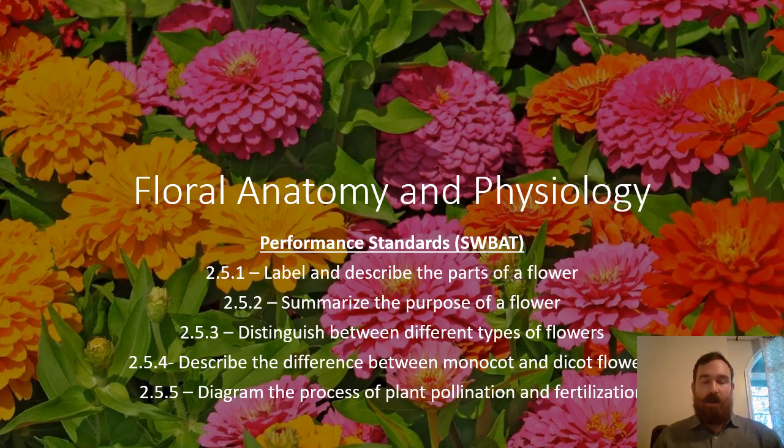I'm going to try on every slide to include some kind of discussion about the significance of this floral anatomy and maybe how it's useful to humans, but also really looking at it from an evolutionary perspective. How are these structures serving the needs and ends of the plant in order to accomplish the plant's goals?